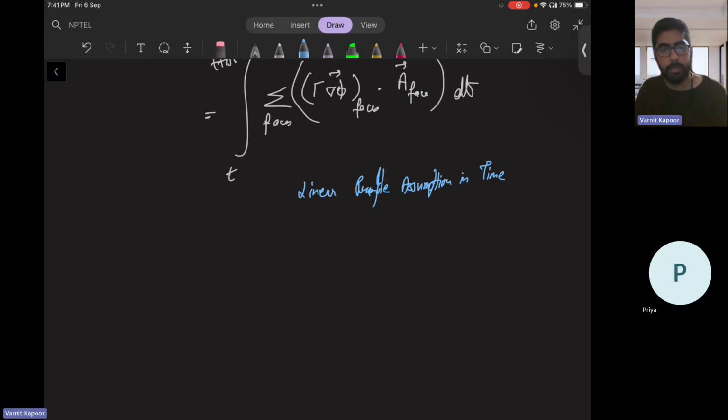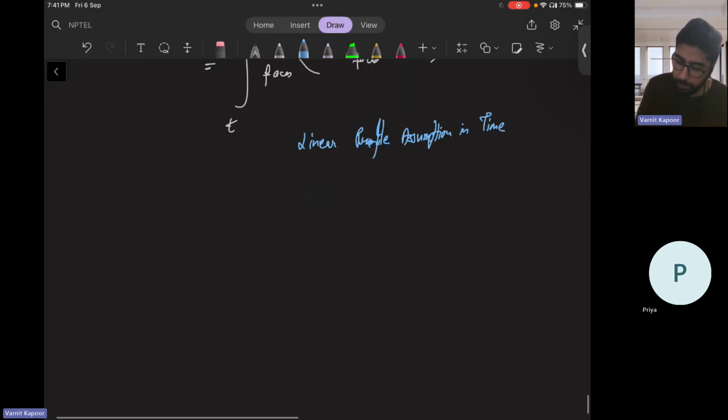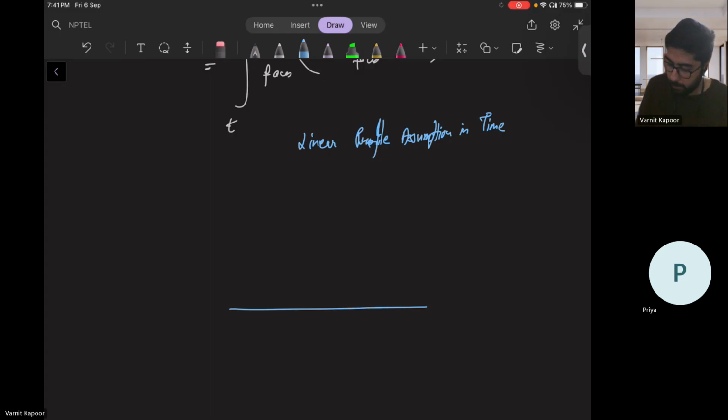That is nothing but if I make a graph with axis t, so I have a value.